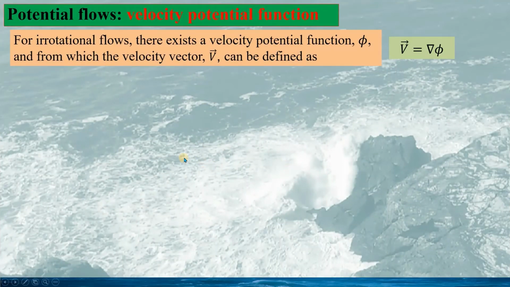For irrotational flows, there exists a velocity potential function phi, from which the flow velocity vector v can be calculated as the gradient of the velocity potential function, given as this.